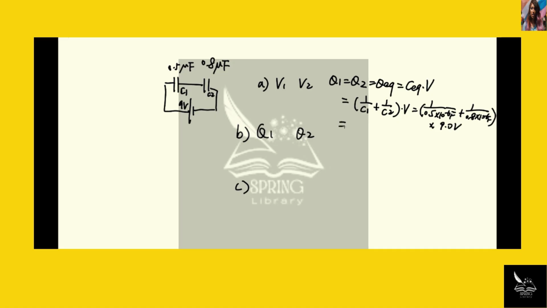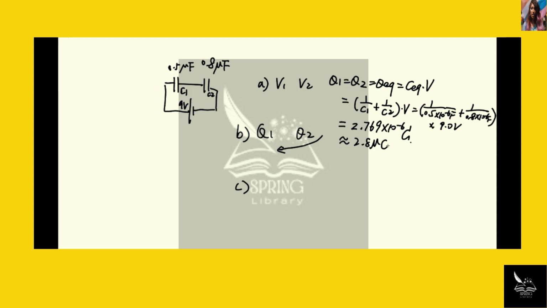And this gives us 2.769 times 10 to the negative 6 coulomb. So that actually already answers part B. Q1 equals Q2, around 2.8 microcoulomb.